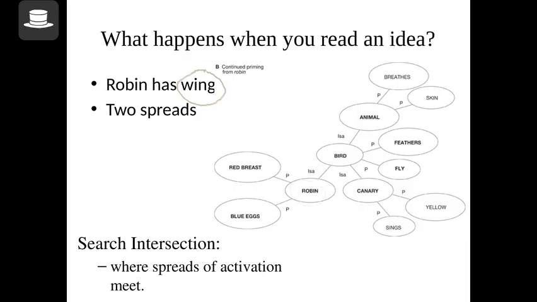The second step is this activation spread. And the next thing that happens is that these two activations, these ripples, will intersect. It's called search intersection. Search intersection is where spreads of activation from two different concepts meet. That means you have comprehended the sentence.